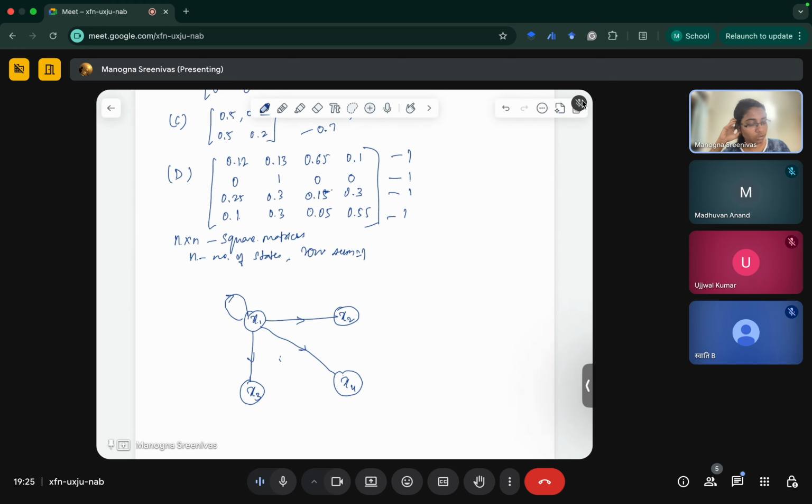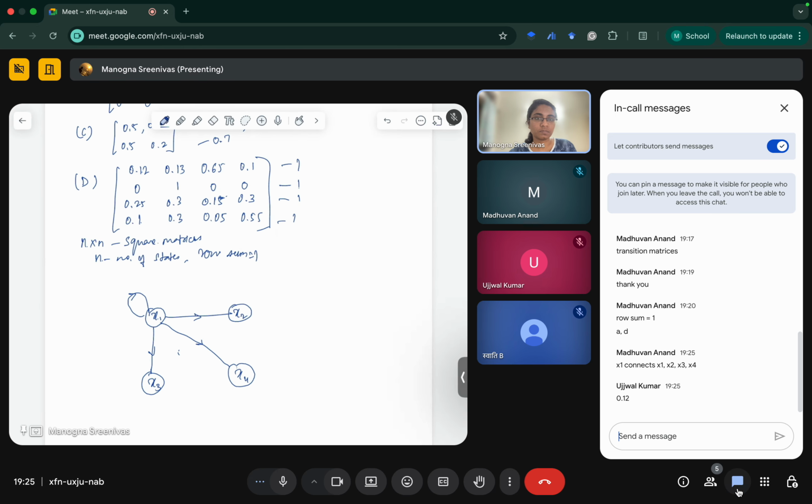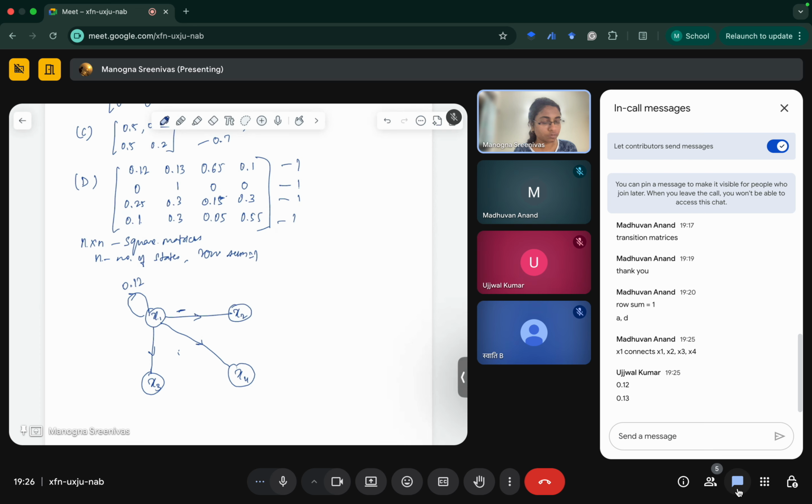So what is this value, x1 to x1? 0.12. And what about this? It's the second one. 0.13.